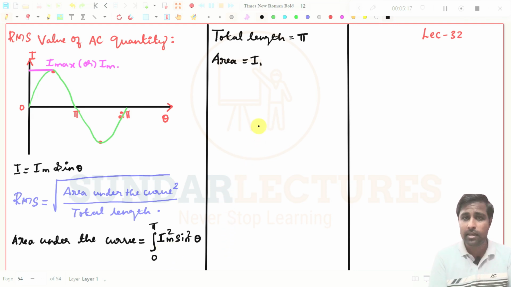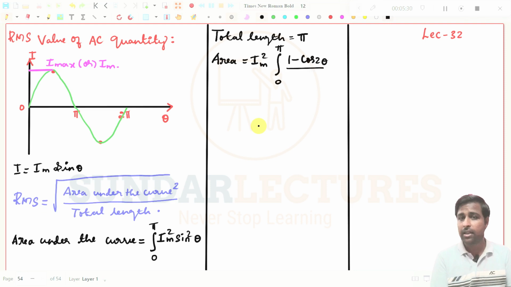The integration of sine square theta d theta, from 0 to pi. Sine square theta can be written as 1 minus cos 2 theta divided by 2.